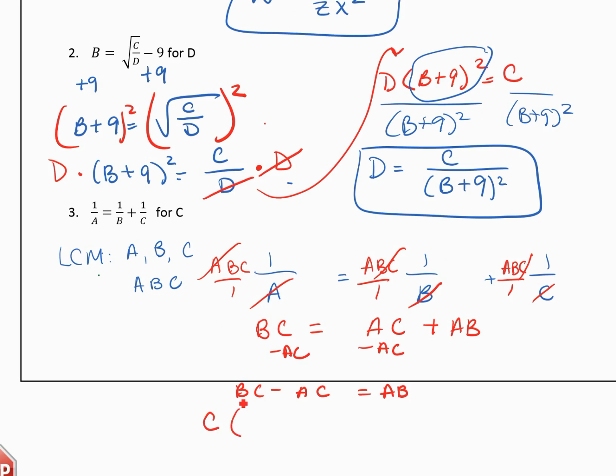So c times, from bc we would get a b, minus from ac we would get an a. Okay, now this looks very similar to the last step we've done in the previous two. We need to divide both sides by b minus a. It cancels out here, and we get c equals ab over b minus a.